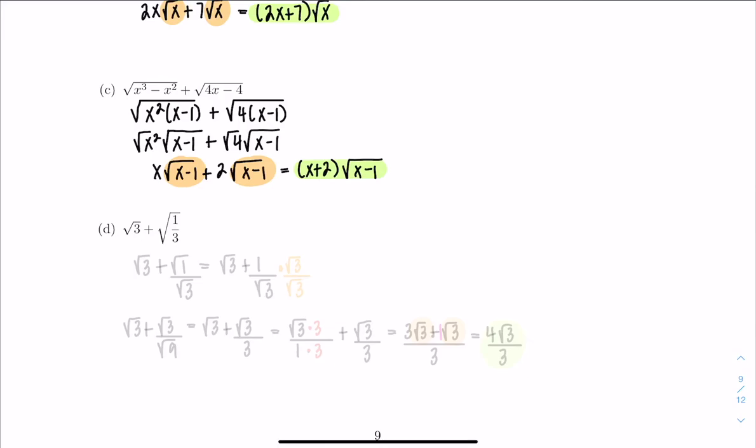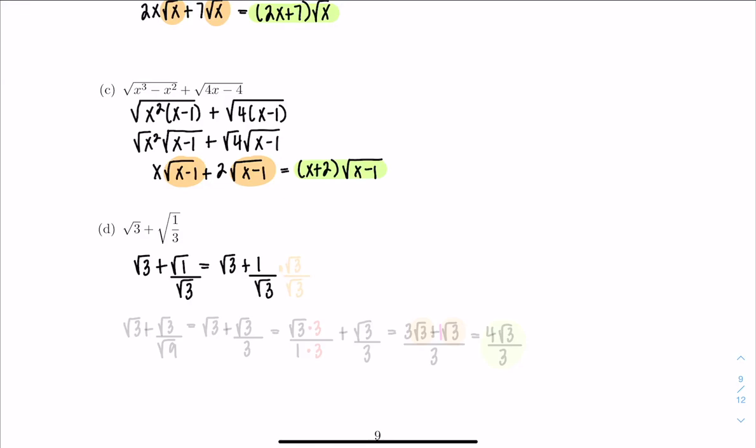For the fourth one, we can't simplify the square root of 3, but we can rationalize the denominator of the second one. And so I'm going to split this up. I have the square root of 1 over the square root of 3. But the square root of 1 is just 1 over the square root of 3.